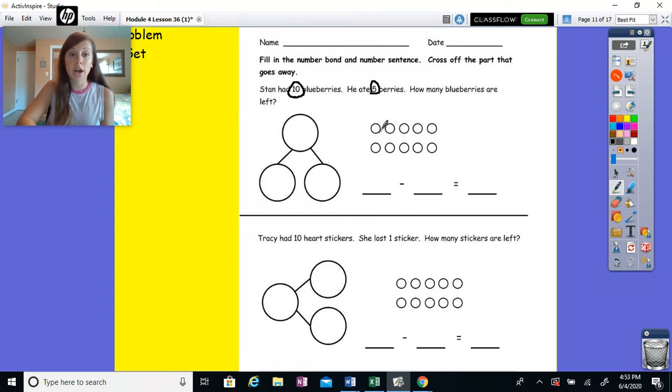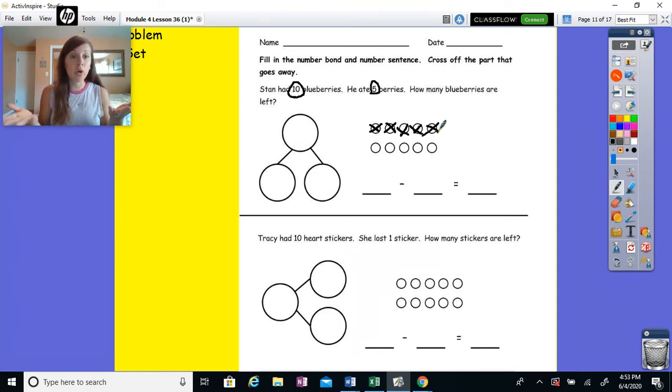So we need to cross out 5. 1, 2, 3, 4, 5.